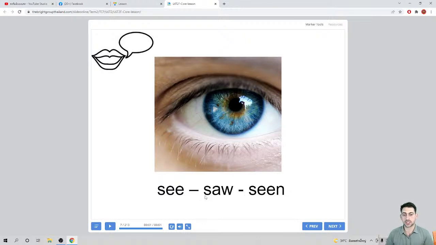All right, I saw a movie yesterday. Yesterday is a word that shows when. All right, we usually don't use seen when we say when the action happened. Seen, we use it for the present perfect simple or the perfect tenses, present perfect tenses or past perfect tenses. So one more time, see, saw, and seen.